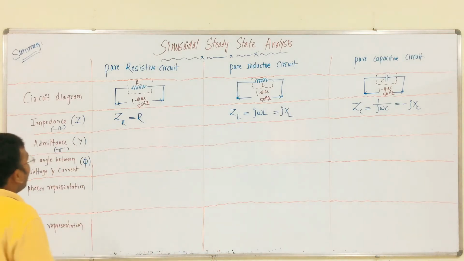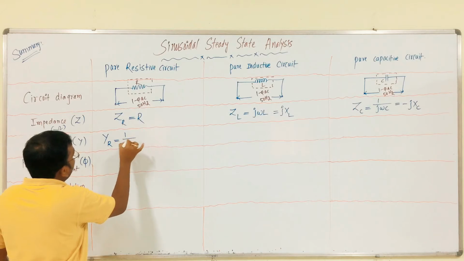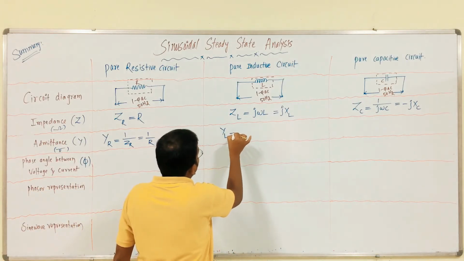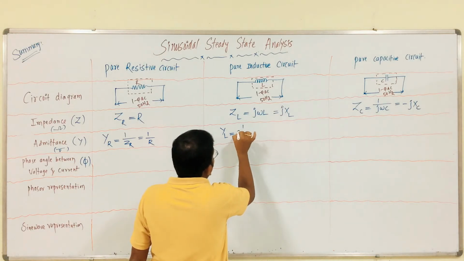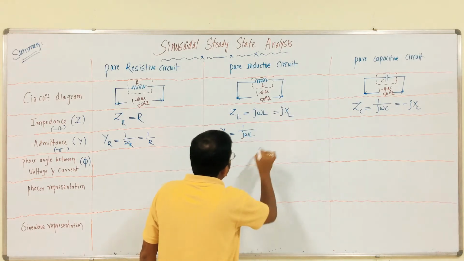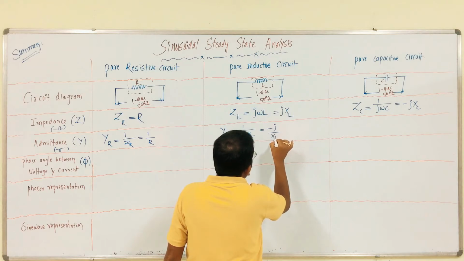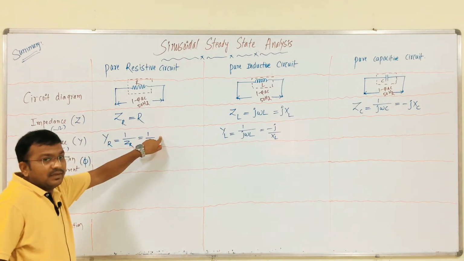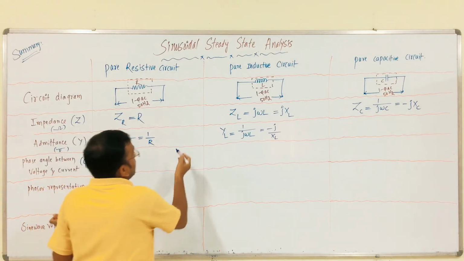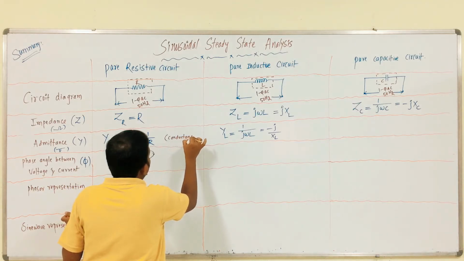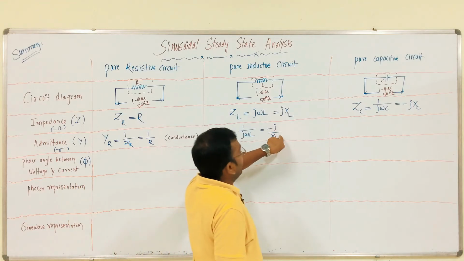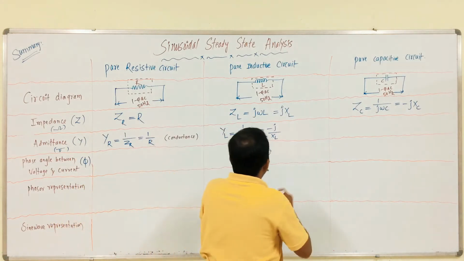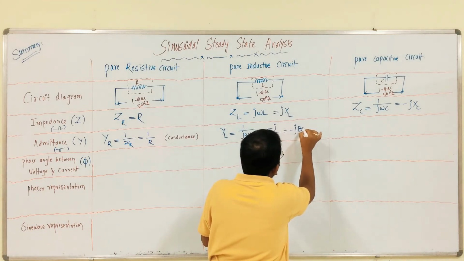Clear? Next, coming to admittance, YR, which is the reciprocal of impedance, which is 1 by R. Next, YL, which is equal to 1 by j omega L, which is equal to minus j by XL, right. So 1 by R is nothing but conductance. YL is minus j by XL, which is inductive susceptance. 1 by XL we can write as BL, right?